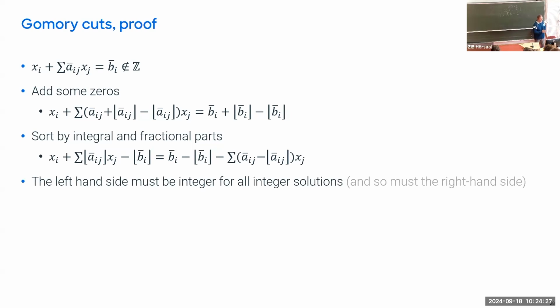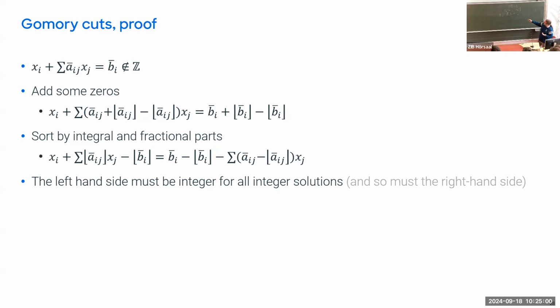So what we know, the equation that we get from a simplex tableau is like an aggregation of our original problem constraints. So aggregating problem constraints leads again to a valid equation. So for each integer solution, remember we did not start from an integer solution, we started from a fractional one, but for each integer solution, the left-hand side here obviously must be integer because the x_i and the x_j must all take integer values.